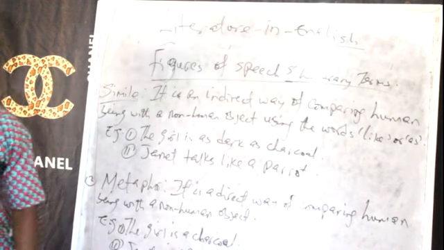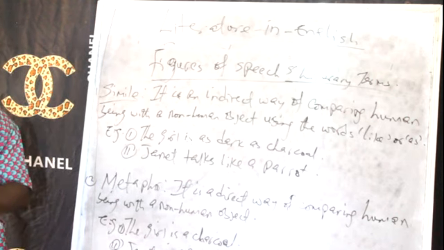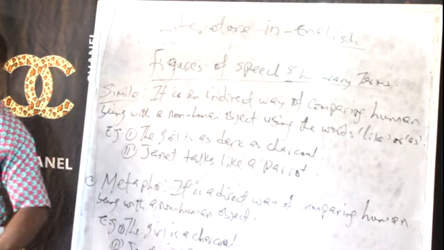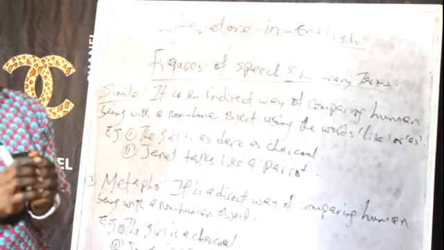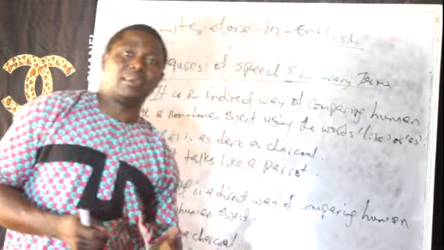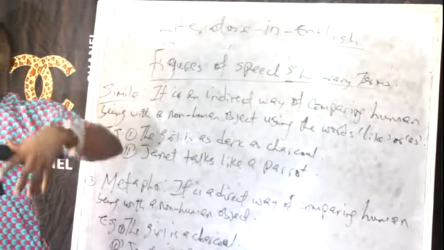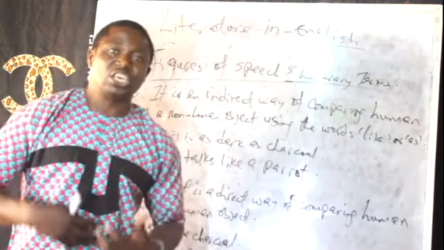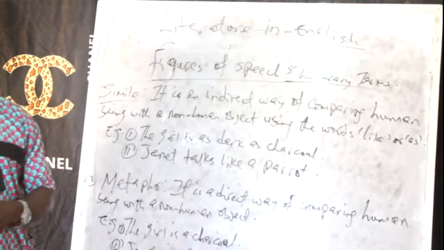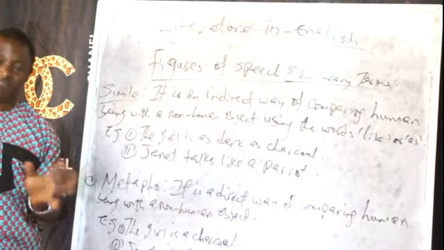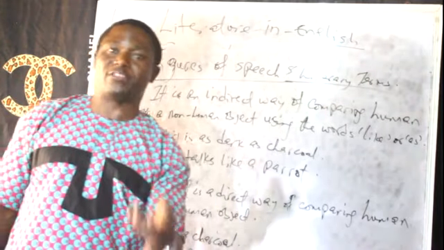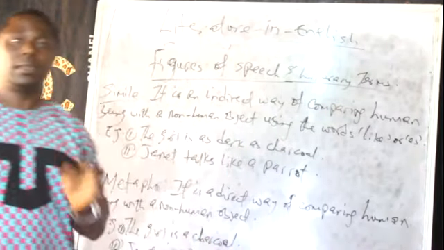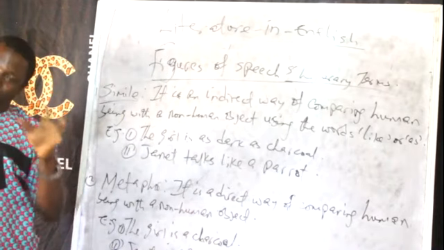Irony. Irony is a figure of speech that deals with the act of expressing the opposite of what you have in mind. E.g., the boy is a fast runner.